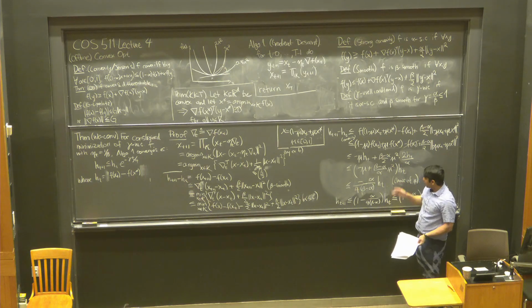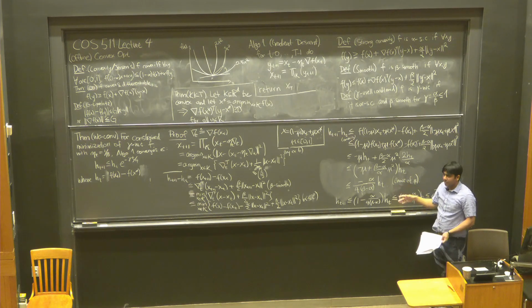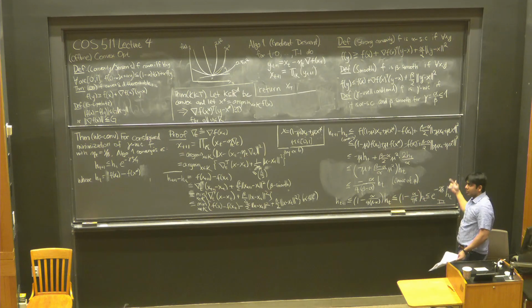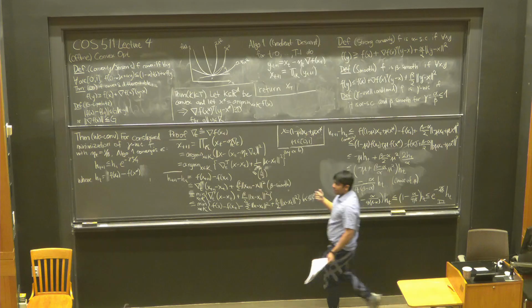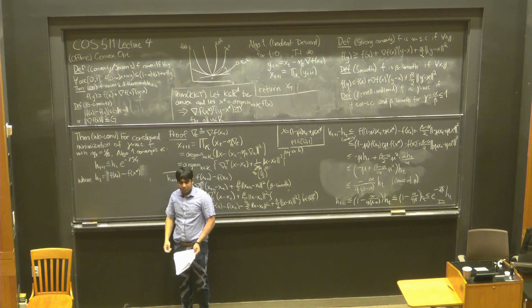After some simplification and a clever choice of mu, I promise you this choice of mu will give you this. Then we arrived at that the error was decreasing geometrically, according to this rate. And if I iterate it t times, it's decreasing exponentially. Cool. Any questions?